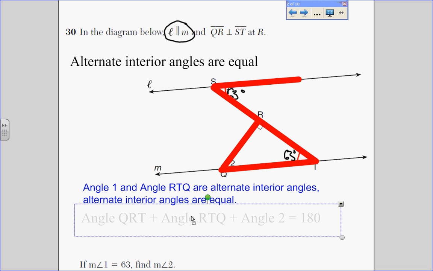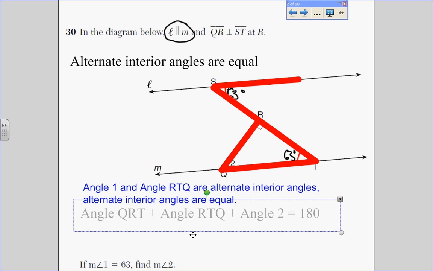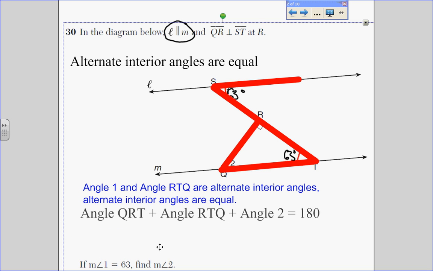So I'm just going to go ahead and write that. And now I could just substitute my known values. Angle QRT is 90 degrees. They were very generous in labeling that a right angle for us.